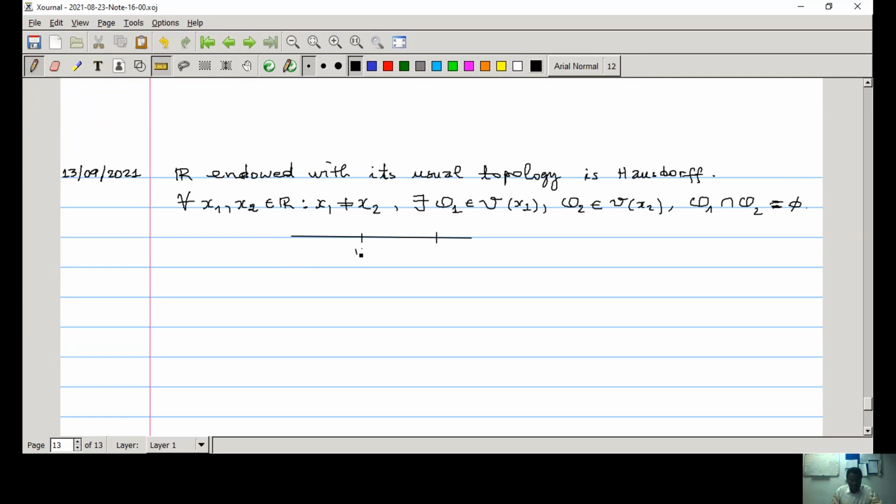So this is x1, and we have x2 there. This is an open neighborhood of x1. This distance, I can call it D. Okay, let me denote that distance.